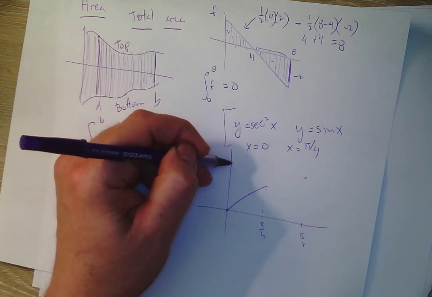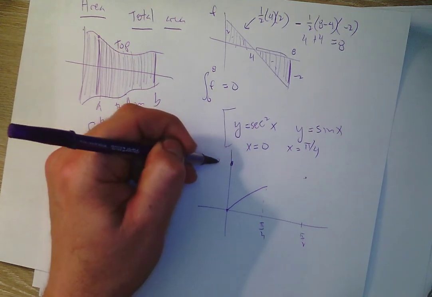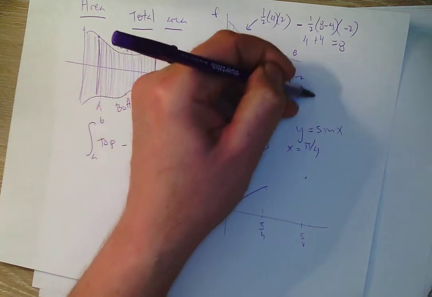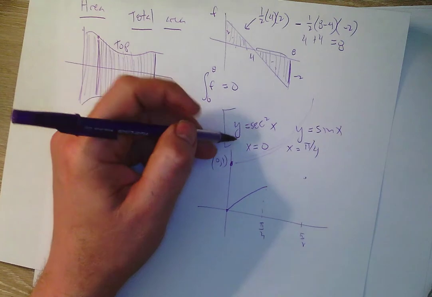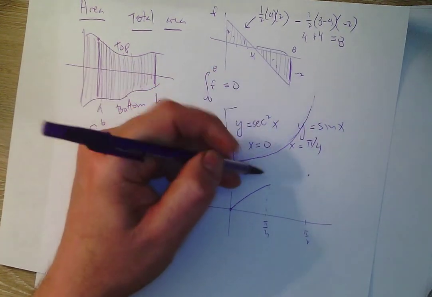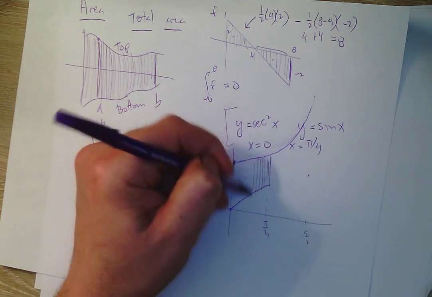Remember, secant starts here at 0, 1, and secant goes up from there because it's reflecting that cosine. Remember, secant squared is just going to be a more amped up version of this. So I'm looking at this area.